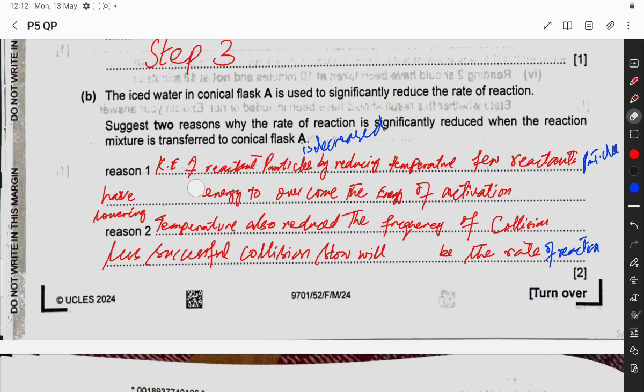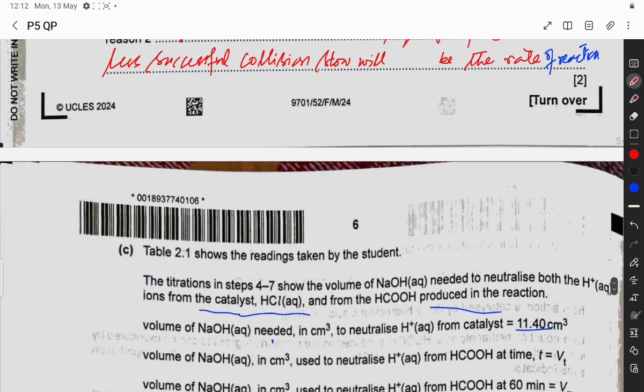So second reason, lowering the temperature also reduces the frequency of collision. So less frequency, less successful collision, slow will be the rate of reaction.